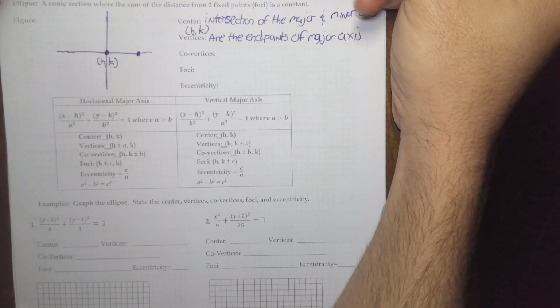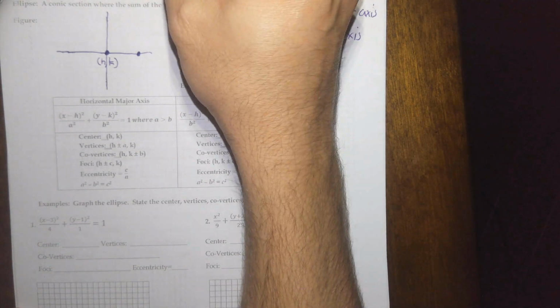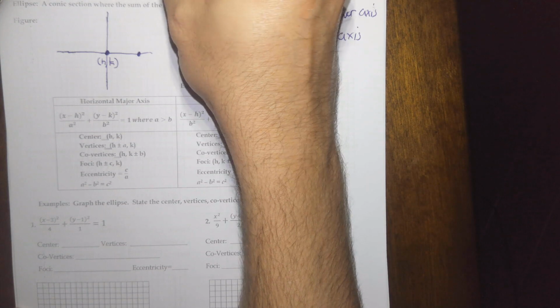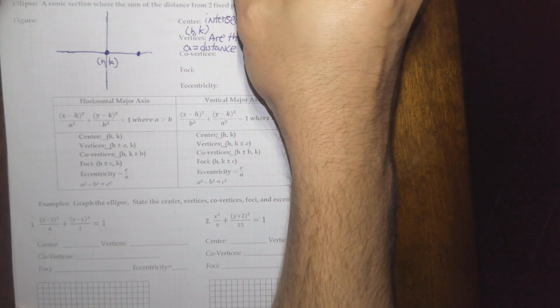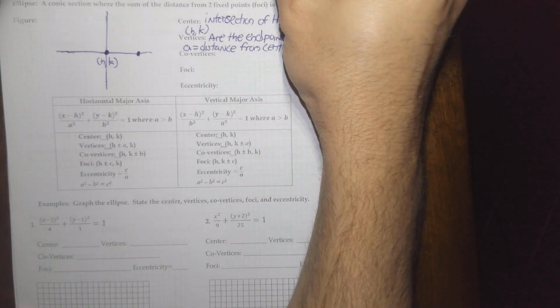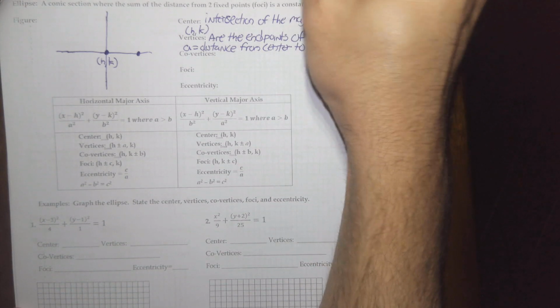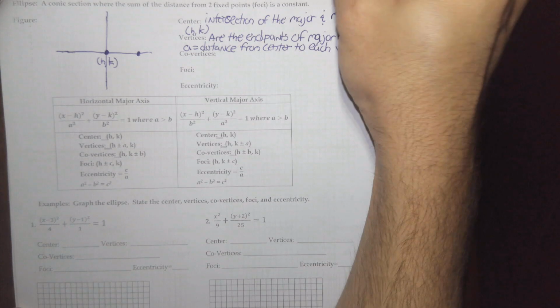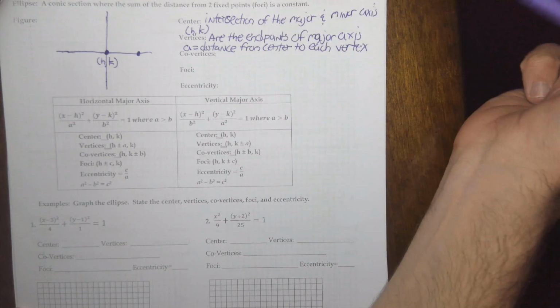We say this about A: A equals the distance from center to each vertex. Okay, so A is equal to the distance from the center to each vertex.